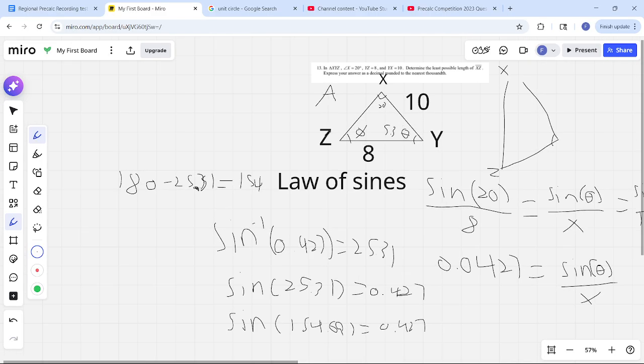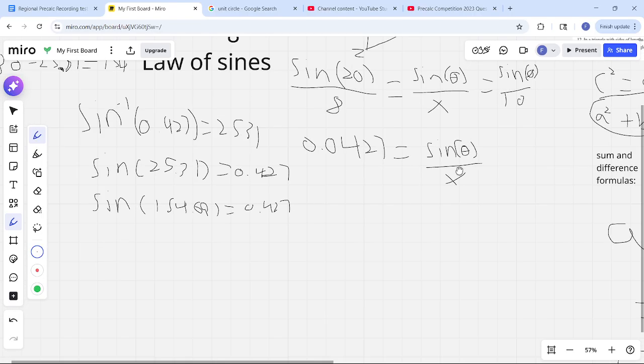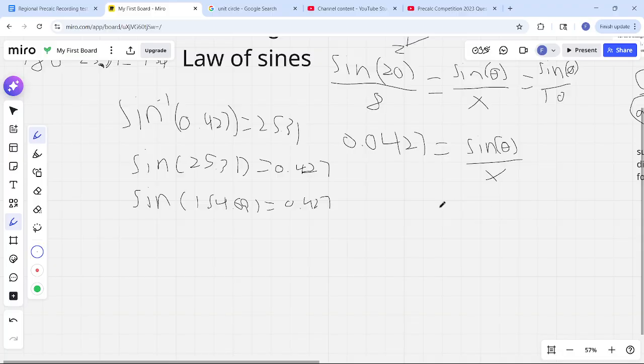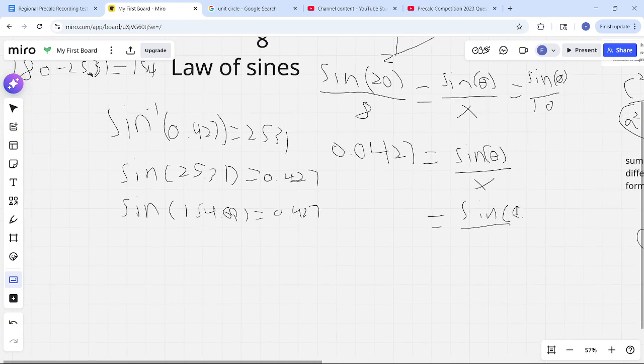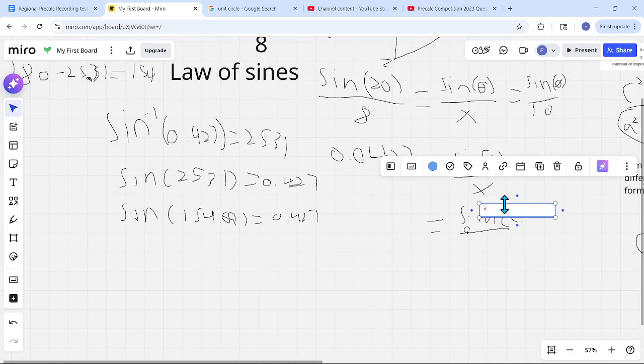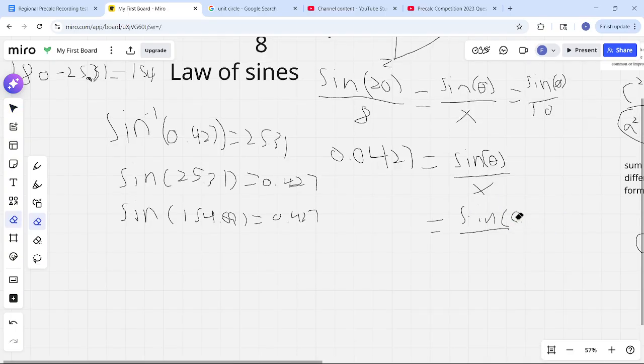So in this case, we can plug in theta is equal to 5.31. And now we solve: sine of 5.31 divided by some value, x.